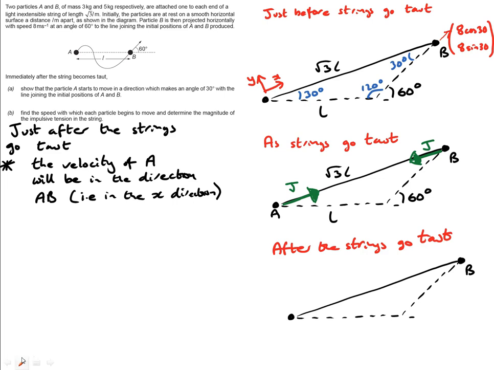So it will start moving in the direction of the string, which is at 30 degrees to the line joining the initial positions of A and B. So in other words, A will be moving along the x-axis. So let's say that A now has a velocity of v in the x direction, and we know the velocity of A is entirely in the x direction, so therefore it's going to have a 0 component in the y direction.